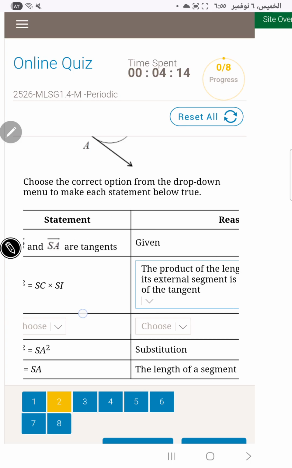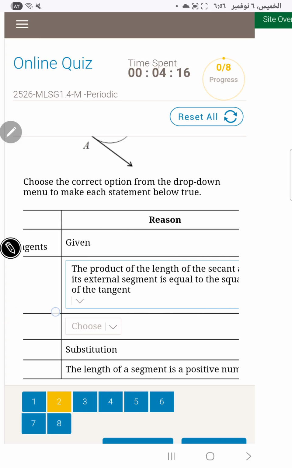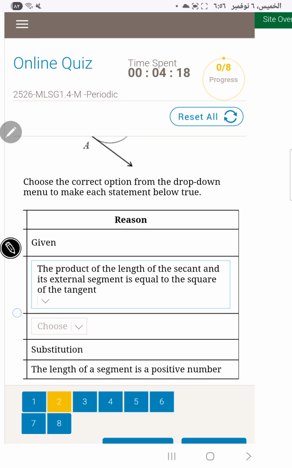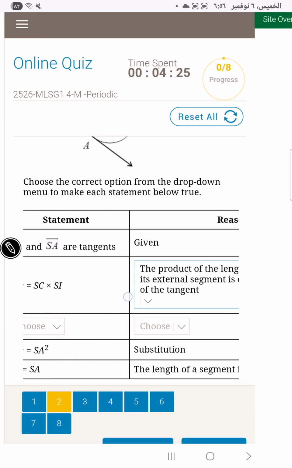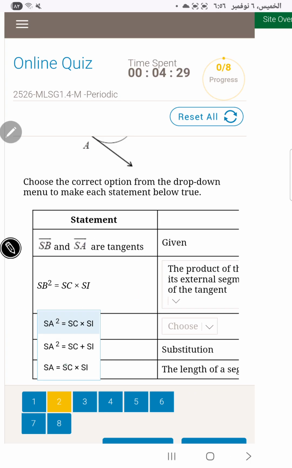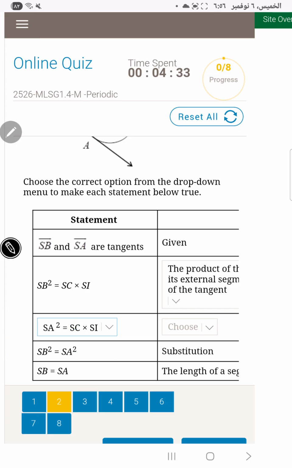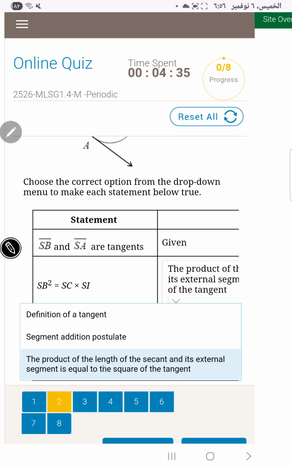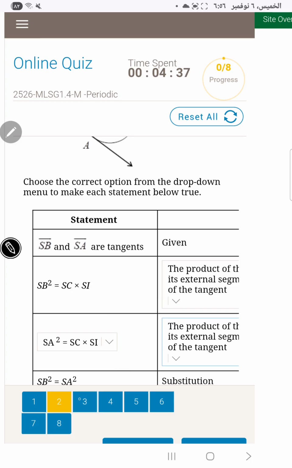The product of the length of the secant and its external segment is equal to the square of the tangent. And here the same thing, we do SA squared, external part times whole, and we choose the same rule.